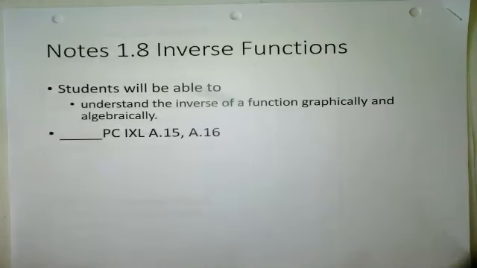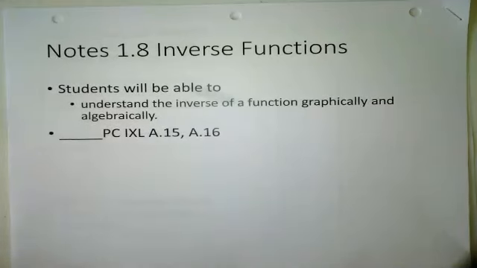Yesterday, or the previous lesson, we talked about composition of functions. And I said, is f of g of x the same as g of f of x? And it turns out that most of the time they are not equal.